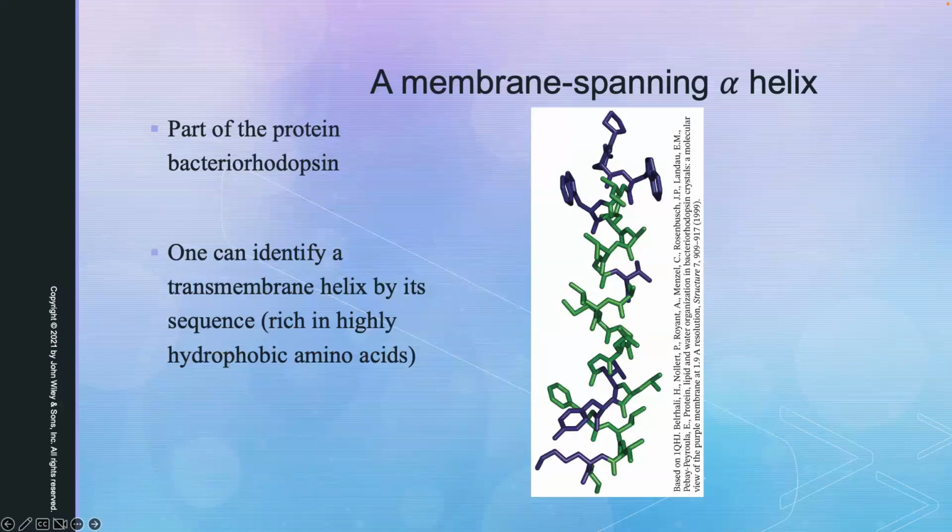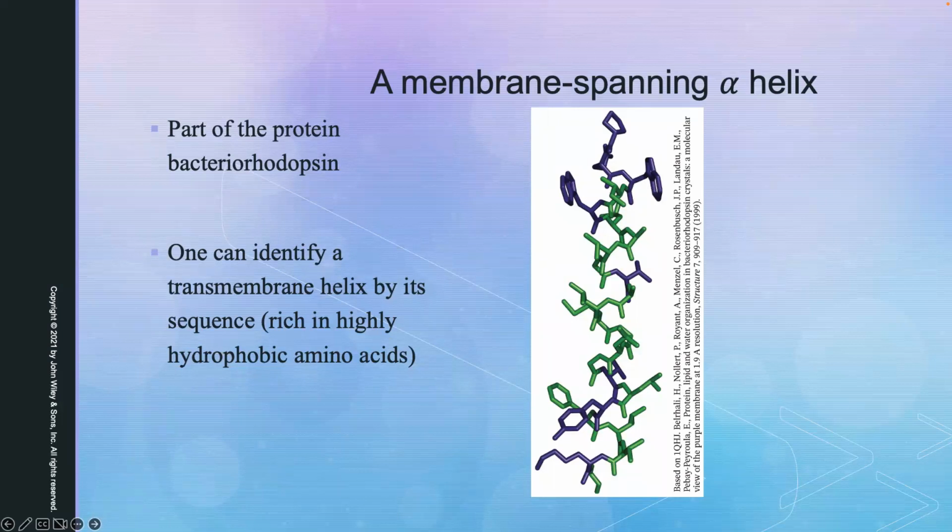Connecting protein structure and function, the portion of the protein that passes through the lipid bilayer must be largely hydrophobic. This image is showing you an example of a membrane-spanning alpha helix.